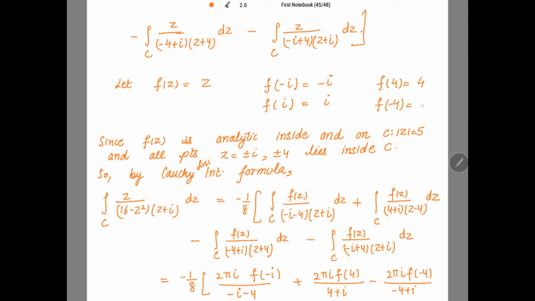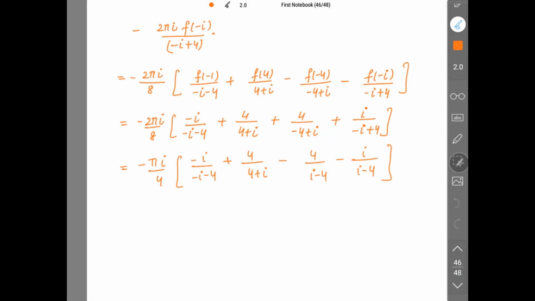F of minus 4 is minus 4. So you just use Cauchy's integral formula. Put the values of f of minus iota, f of 4, f of minus 4 in this and solve. You get the answer equal to 0. So here all the points lie inside the circle.